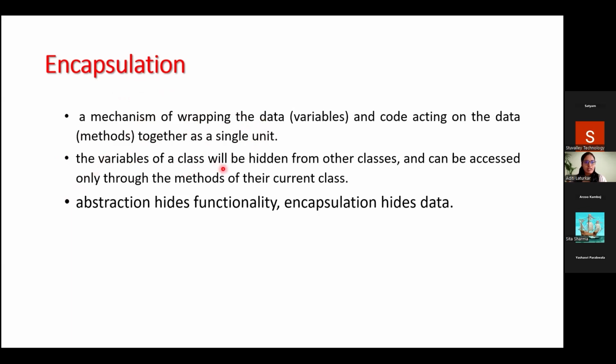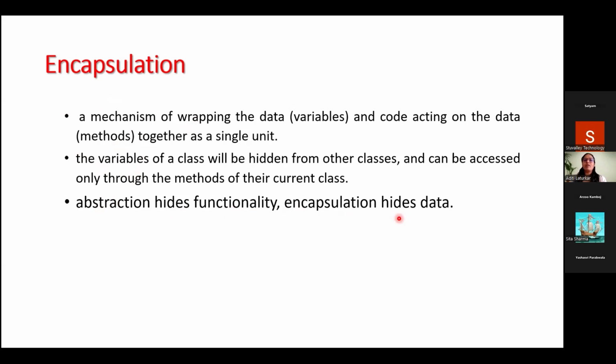The variables of the class will be hidden from the other classes and can be accessed only through the methods of their current class. How to do that, we will see. The main difference between abstraction and encapsulation is that abstraction hides functionality. We don't know the functions of the ATM machine, right? But encapsulation hides the data.